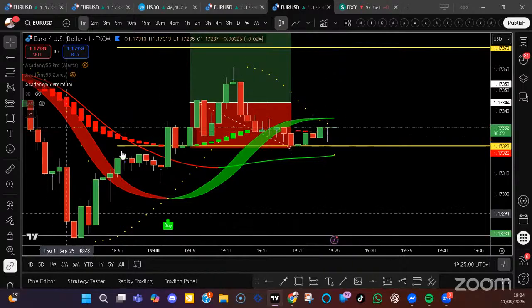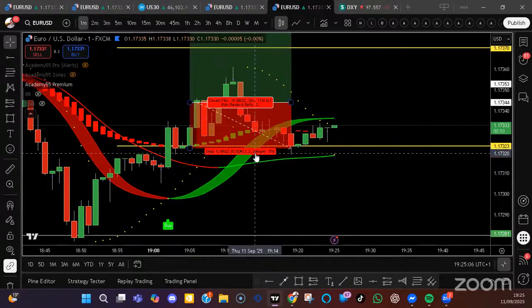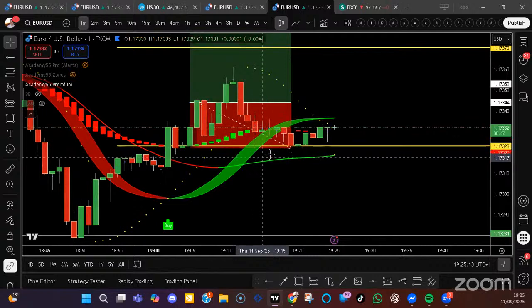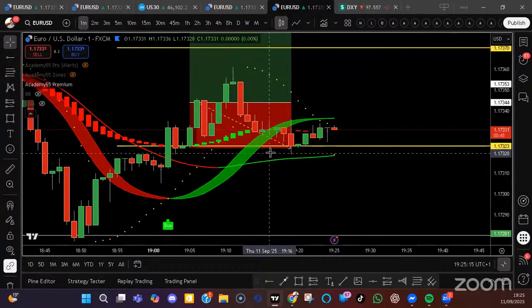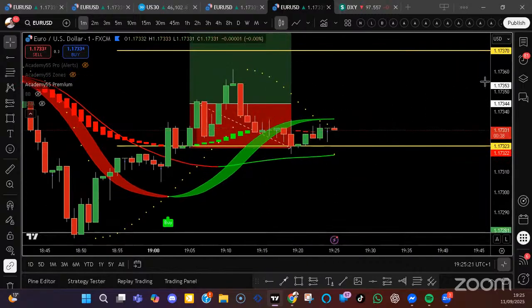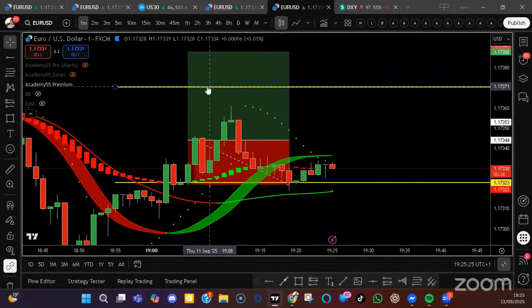So we've lost this trade already, unfortunately, only by 0.2 of a pip, plus commission, of course. So yeah, unfortunately, we just got taken out on that one. But I was going to be taking the trade out because this is the start of the sell zone.